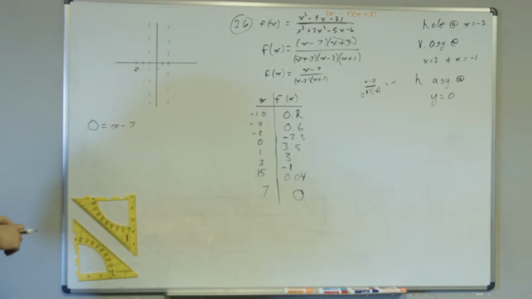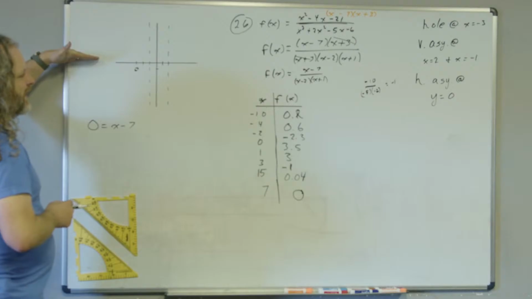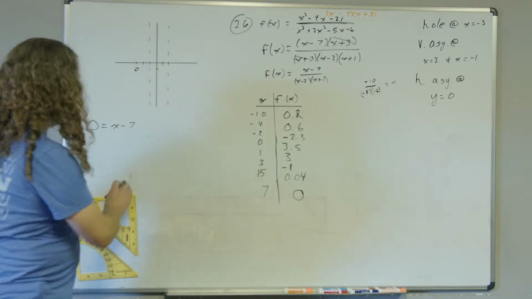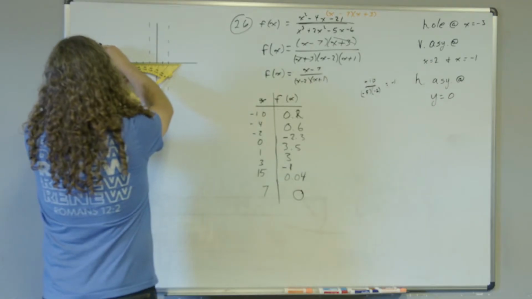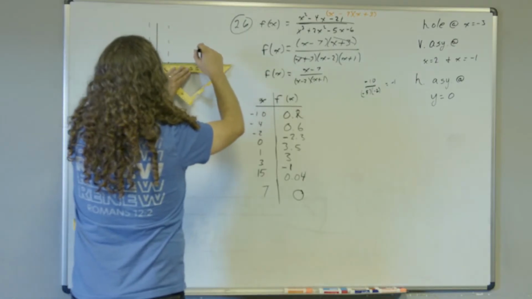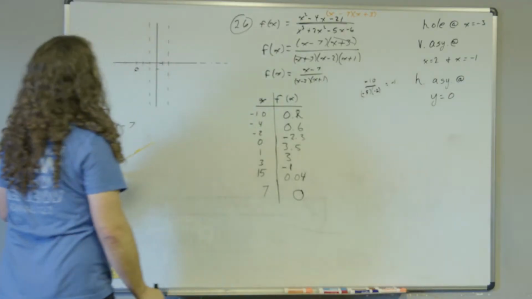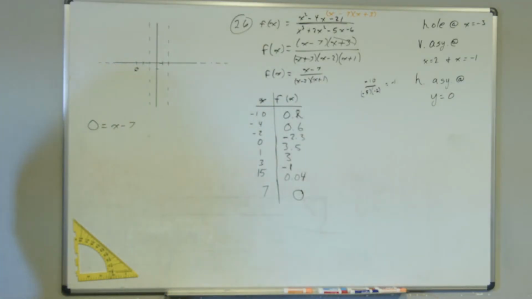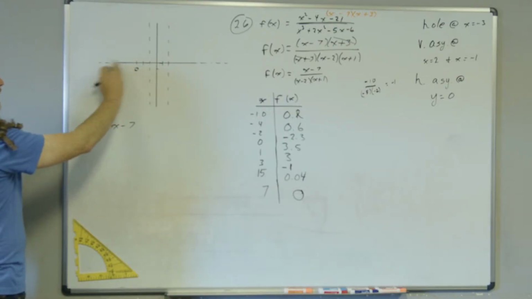Okay, so let's put some dots on the board. We're approaching 0 over here, right? I didn't dot in our horizontal asymptote. There is one along the 0 line, so we could have expected that it was approaching 0, just from below, because it's coming from negative 2.3.